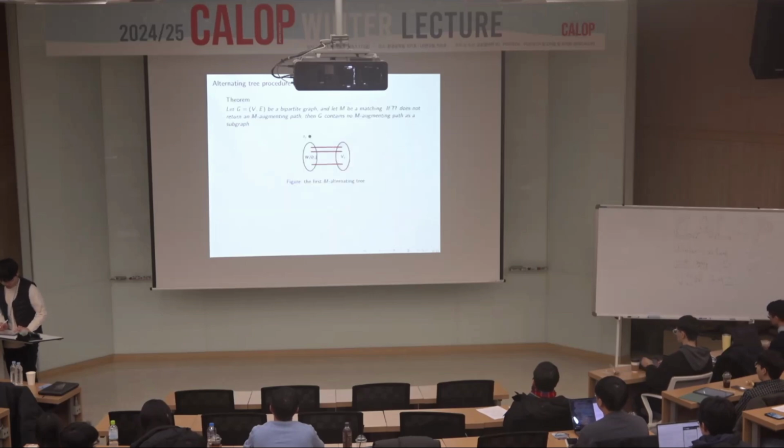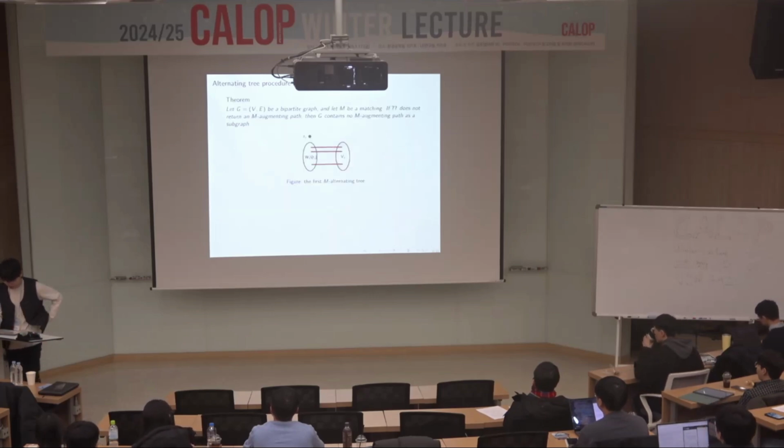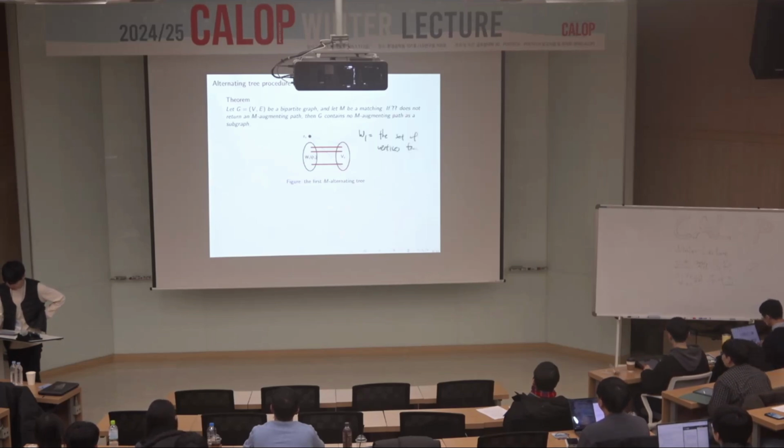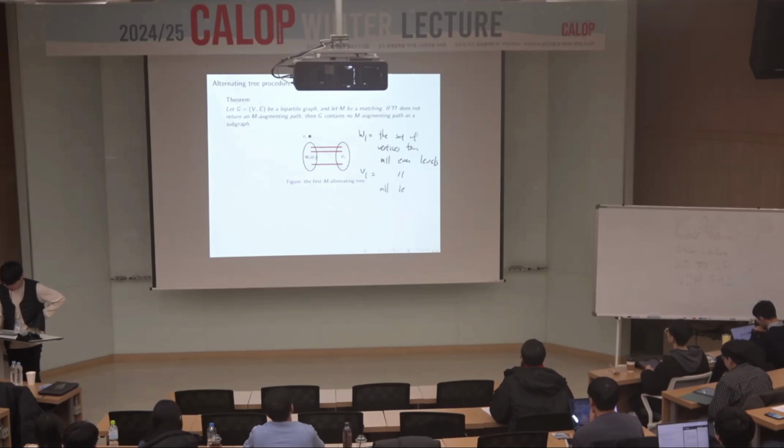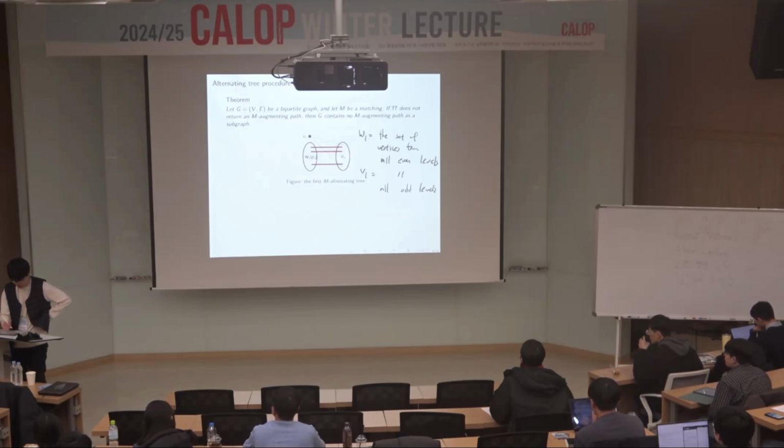Now we have this tree, and W1 is the set of vertices from all even levels, and V1 the set of vertices from all odd levels. Note claim 1.